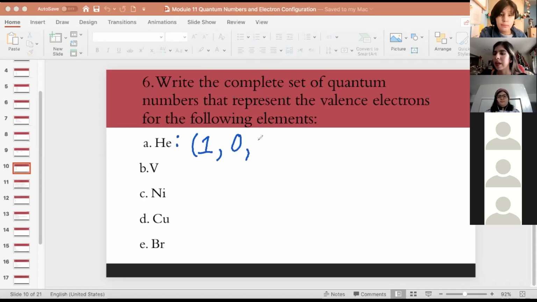And next we have M sub L. And how do we determine that one? So M sub L is based off of which previous quantum number that we already had?